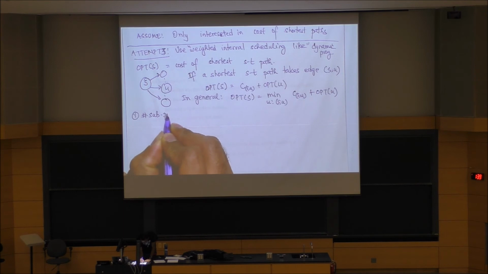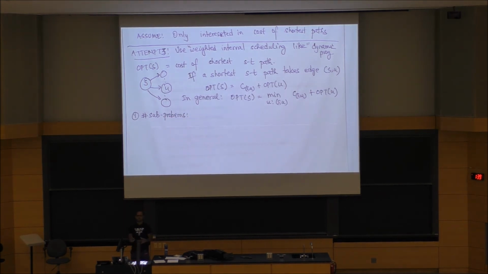We're going to look at the number of subproblems. So in this case, how many subproblems do we have? So you have one opt of S for each S, right?